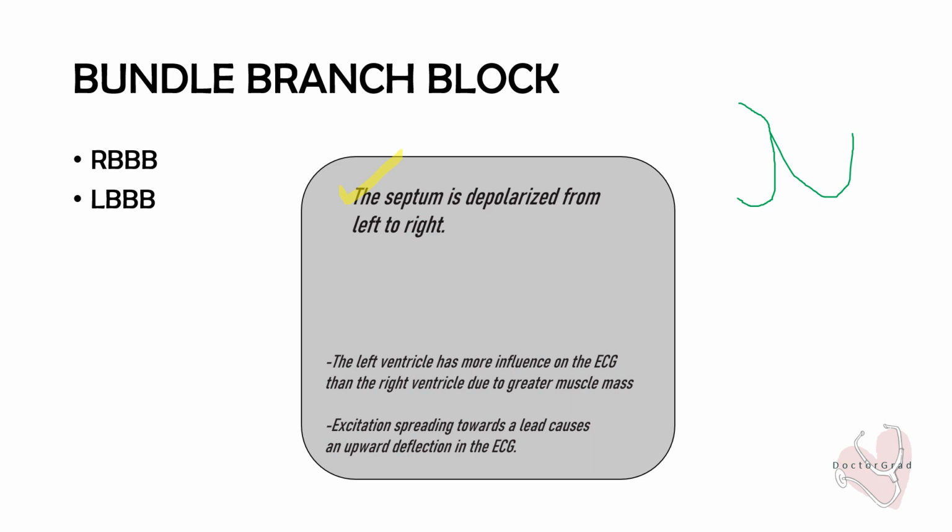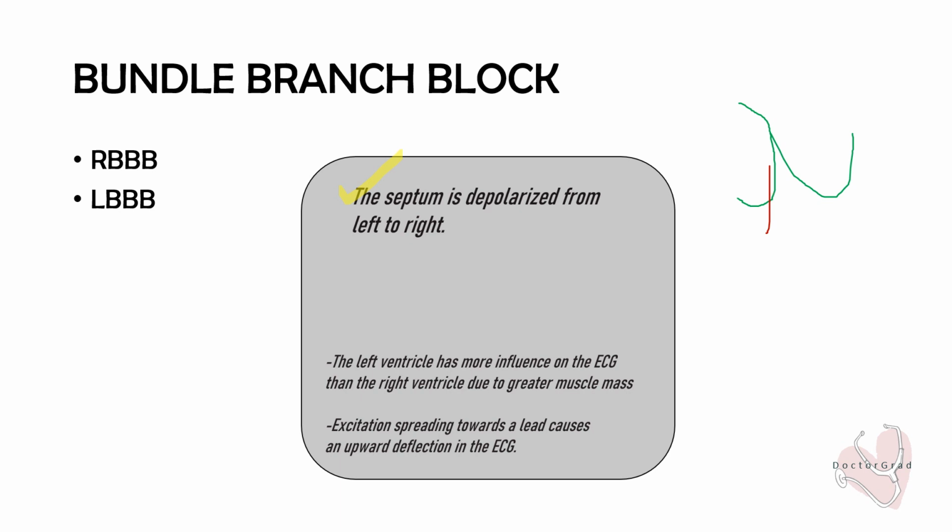Okay, now simply what does right bundle branch block mean? That means there is no conduction through the right bundle branch. What does left bundle branch block mean? There is no conduction through the left bundle. So the terminology is not confusing at all. Okay, but we'll see what happens in each of that.